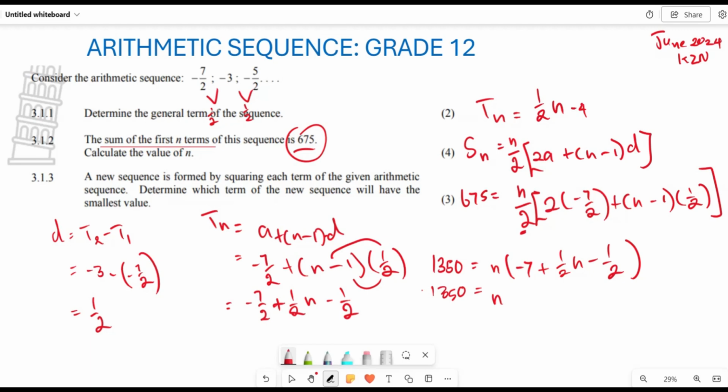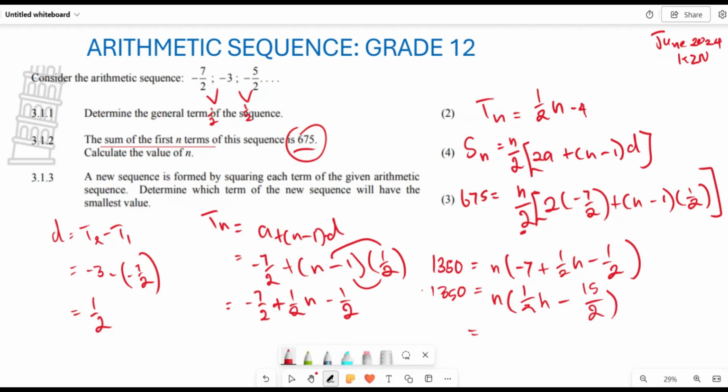When you say negative 7 subtract 1 over 2, you're going to get negative 15 over 2, if I'm not mistaken. So this is the same as positive 1 over 2n, and then minus 15 over 2 altogether.